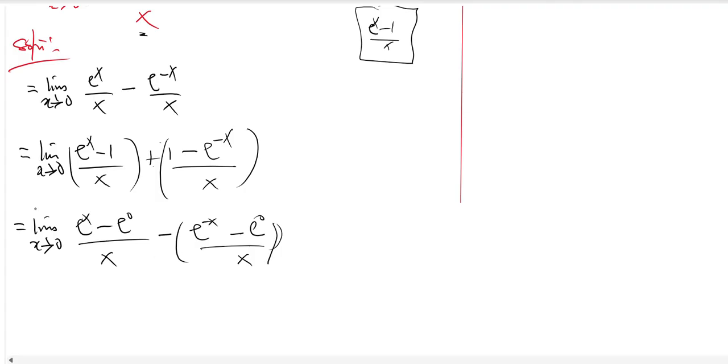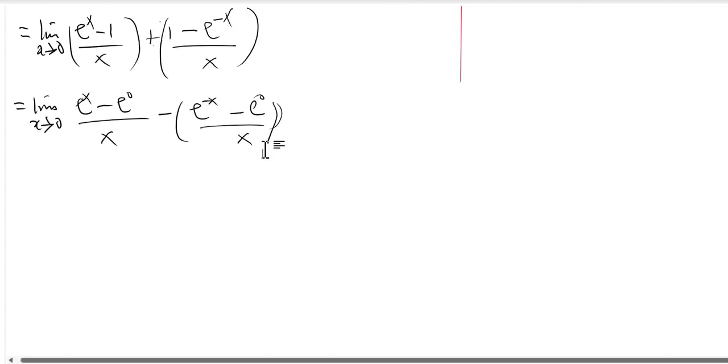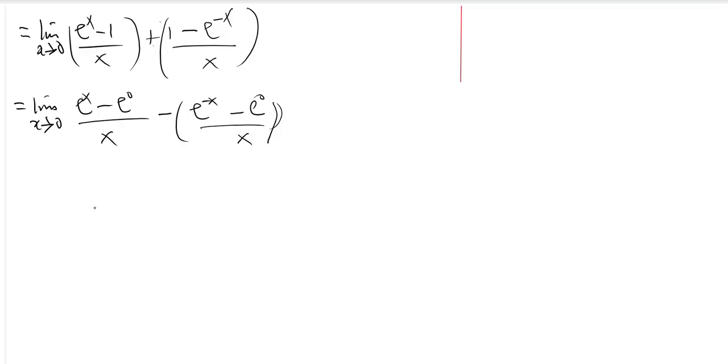Now let's solve the first part. For the first part, we are going to have the limit as x approaches 0 of x minus 0 all over x, which will give us 1.